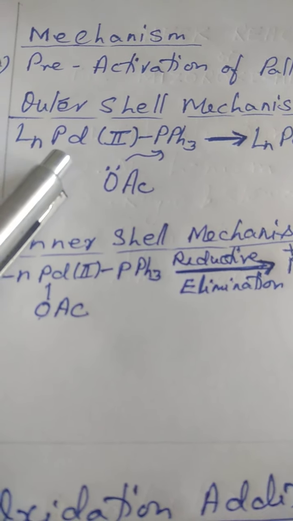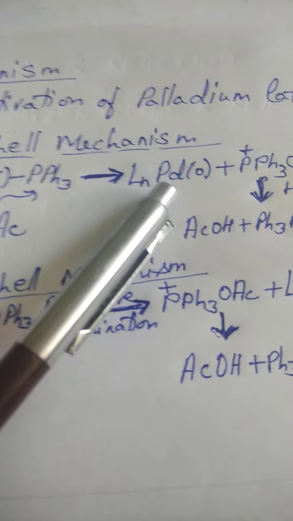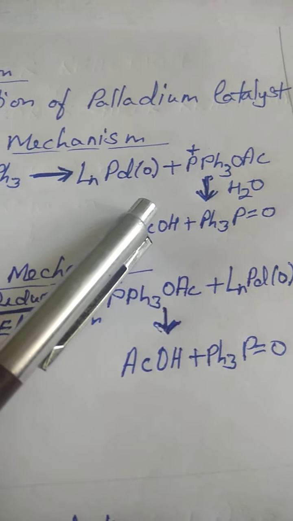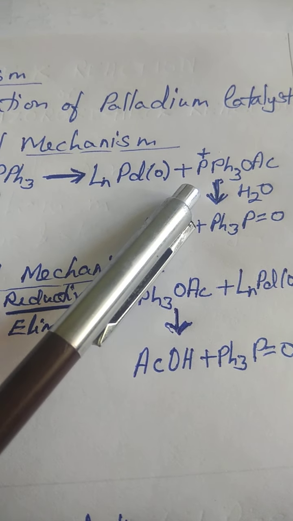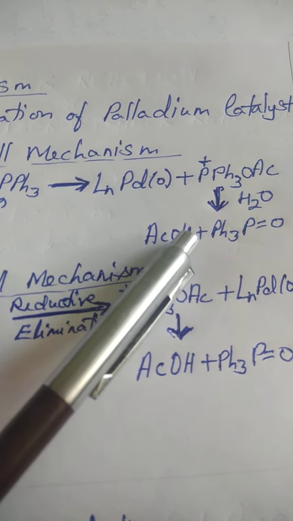This leads to the zero-valent palladium along with this compound, which is further hydrolyzed to triphenyl phosphine oxide.